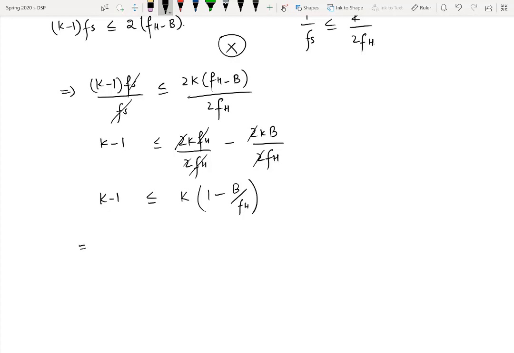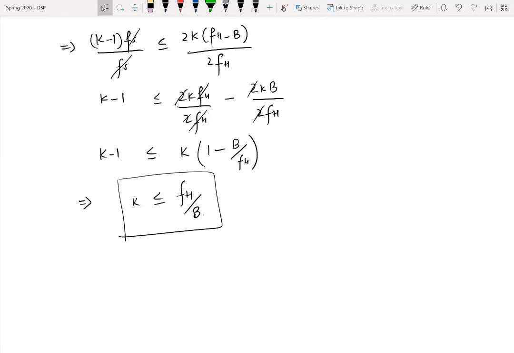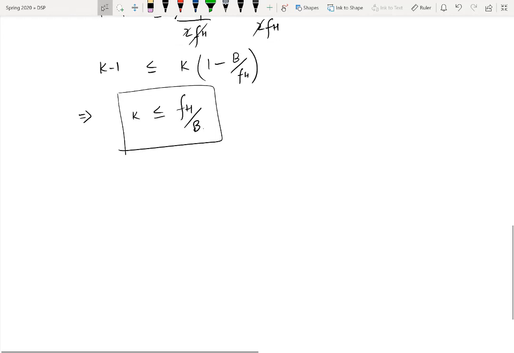If you solve this inequality for k, you will end up with k less than or equal to fh over b, right? So k less than or equal to fh over b means that if we want an integer value of k, we will just floor this result.